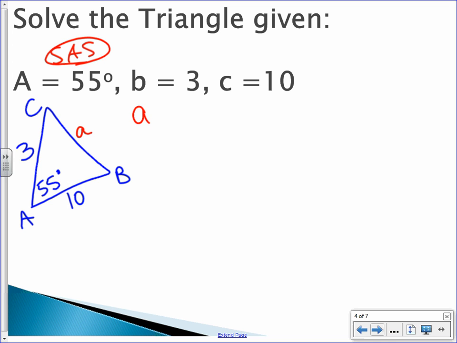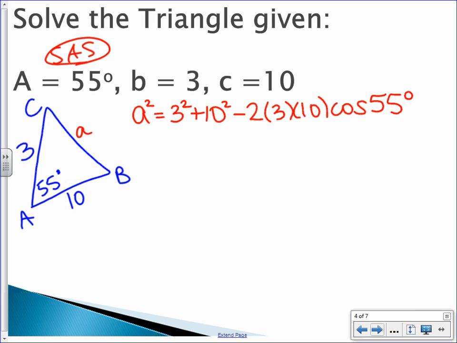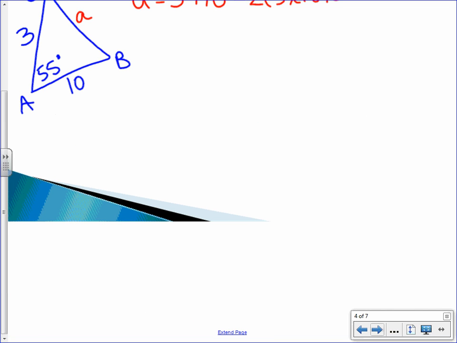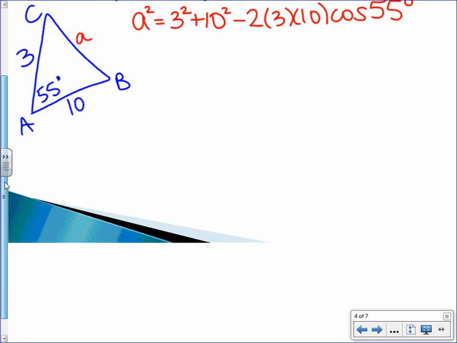We know that A squared should equal B squared plus C squared minus 2BC times the cosine of 55 degrees. So side squared plus side squared minus 2 times side times the cosine of the opposite angle.